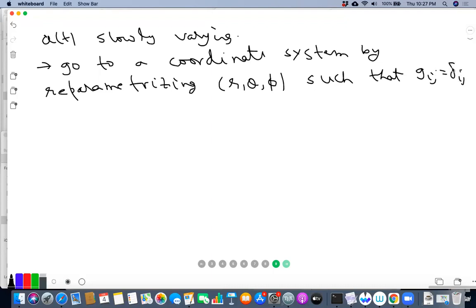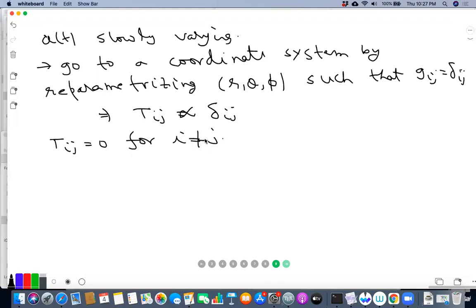Basically local inertial coordinates, and in this coordinate system we'll get Tij proportional to delta ij, which basically means that Tij vanishes for i not equal to j.